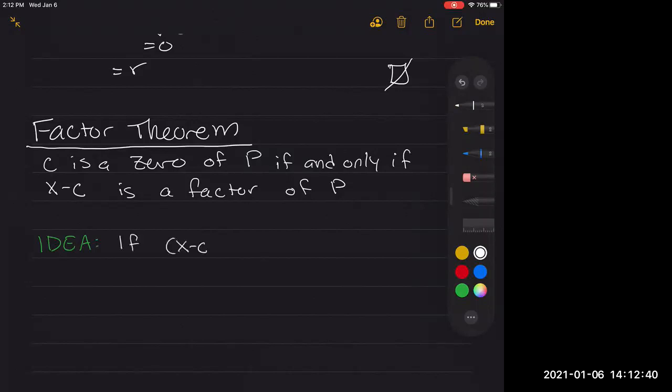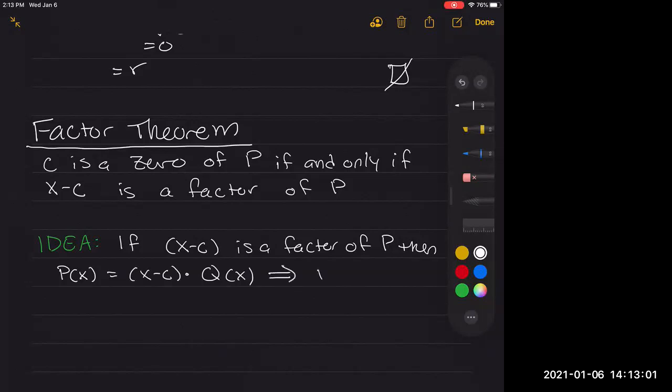All right, and the idea on this one is that if x minus c is a factor, then P of x equals x minus c times some other polynomial q. That's what this means. Well, this means that our r equals 0. So that's what we wanted. So that means that there's no remainder.